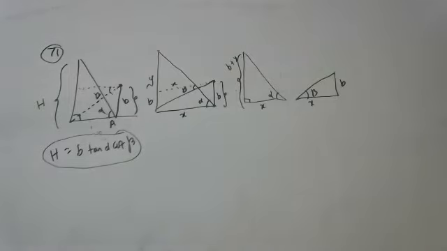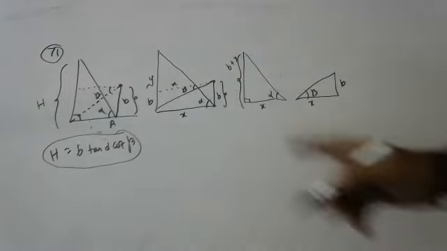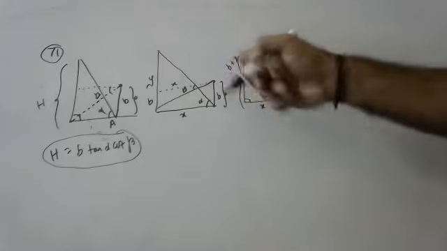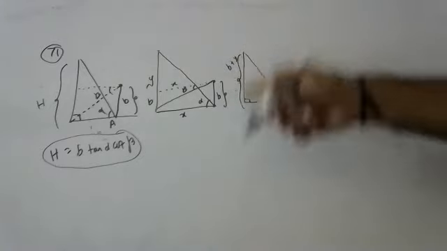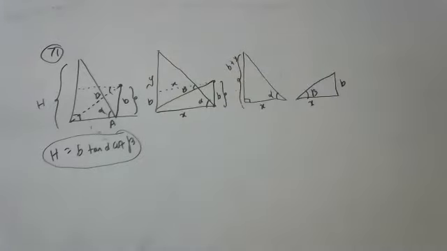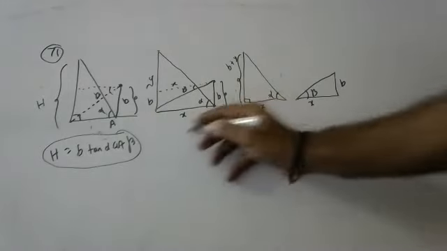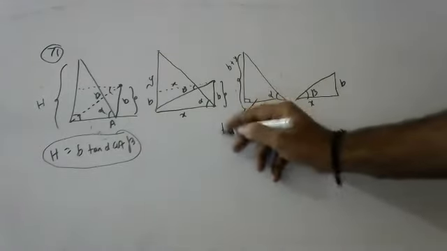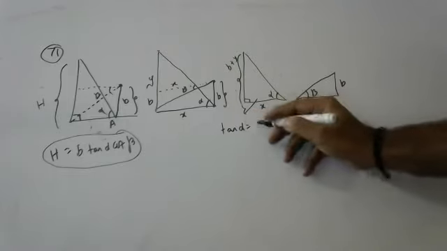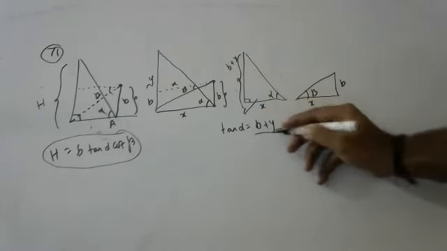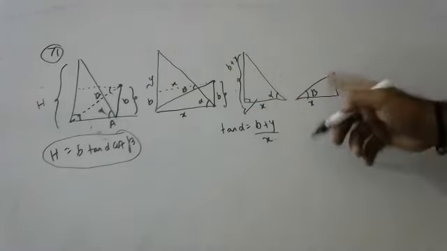Let's go according to the question, children. You have to prove that the height of the tower is B tan alpha cot beta. Can anyone say what tan alpha is here? Tan alpha is B plus Y by X. What is cot beta here?